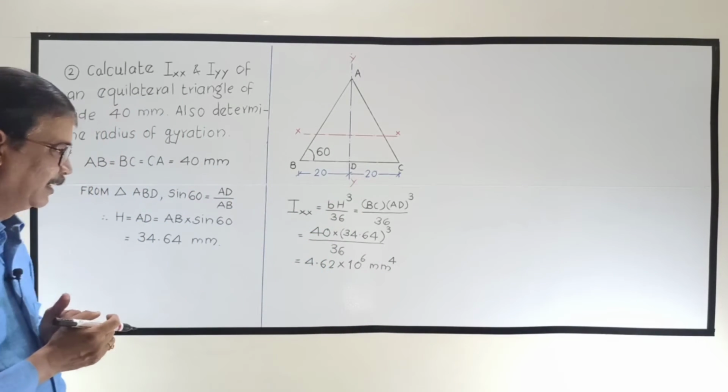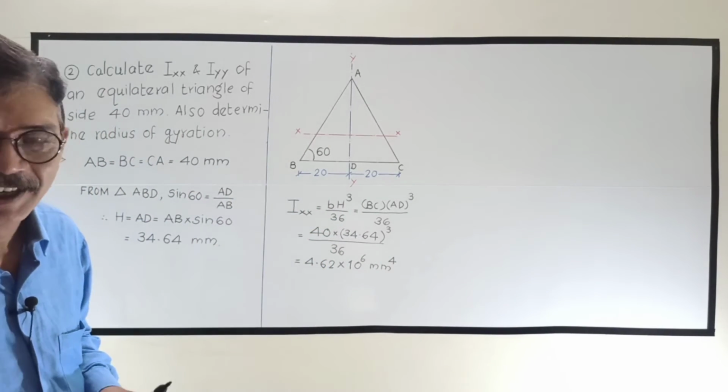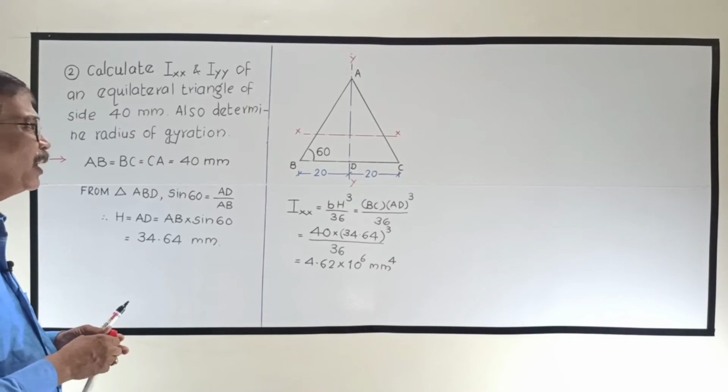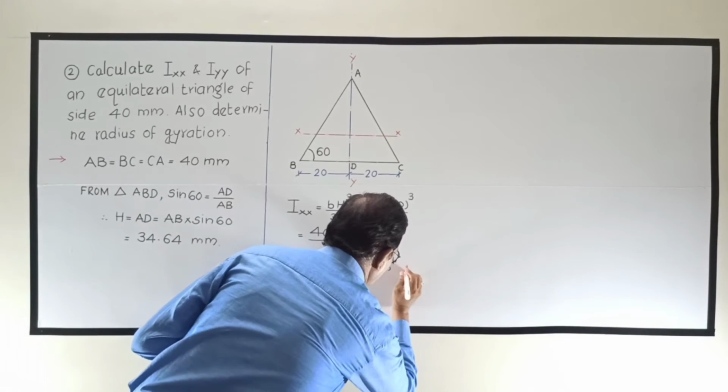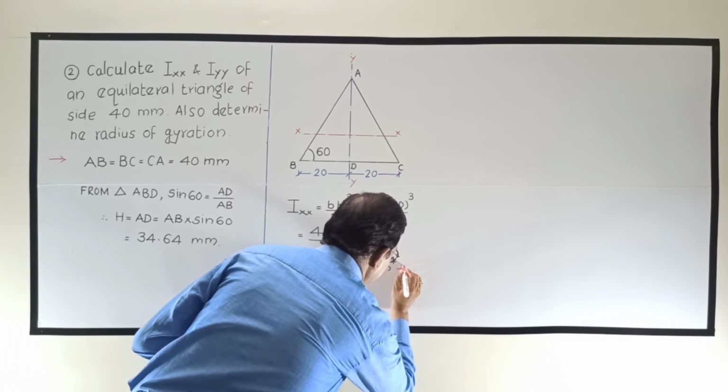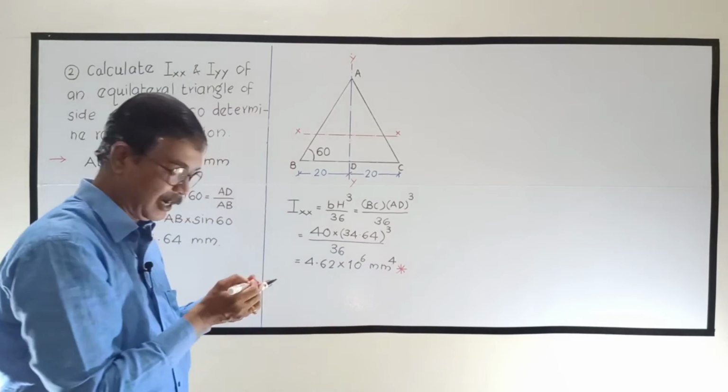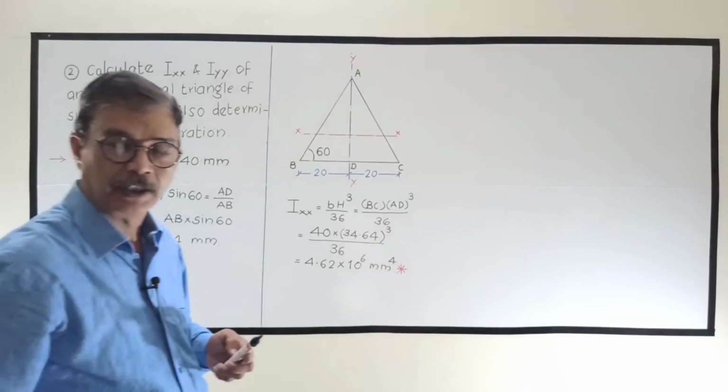So this is Ixx. Direct formula. You have to just understand what will be B and what will be H. It will be simpler to calculate. Just substitute in the standard formula, calculate the answer.